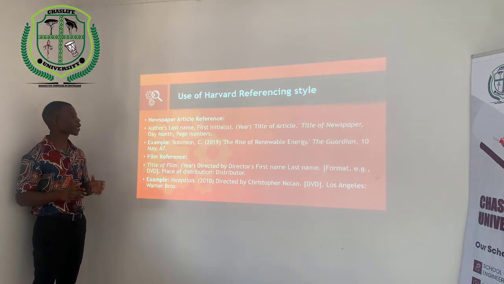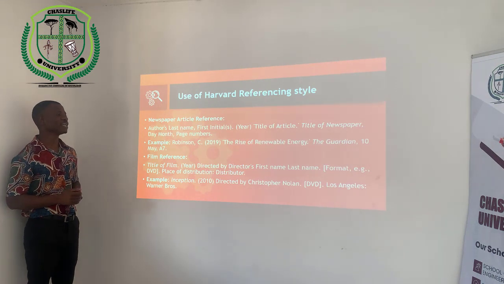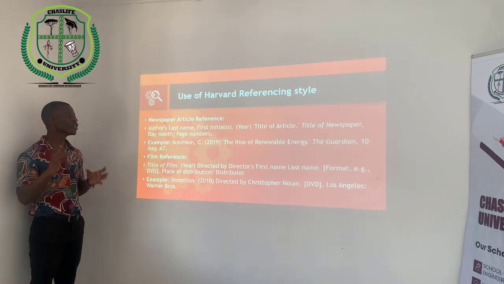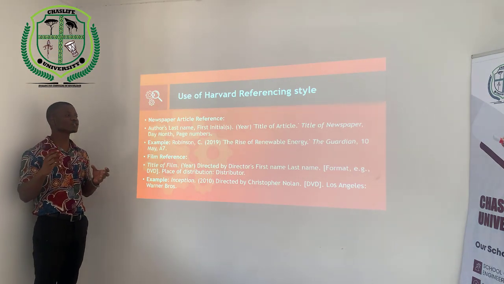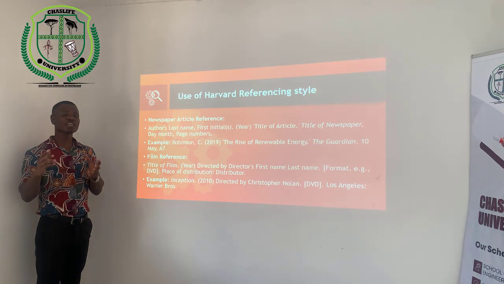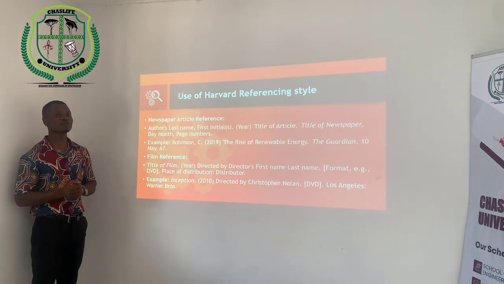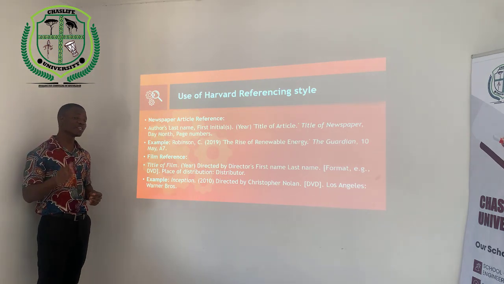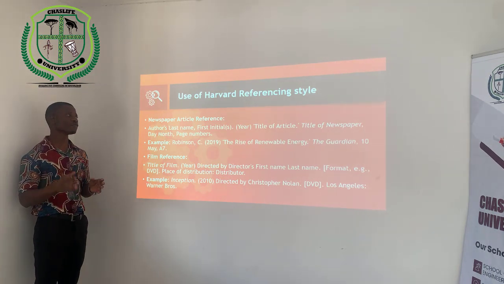Very important. Now we proceed by looking at how you can cite when you are using a newspaper. Let's say, for instance, you are getting the information from the newspaper. This is the way you can cite when you are using Harvard referencing style.